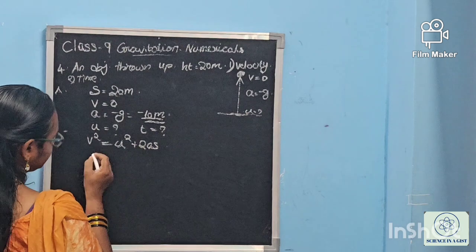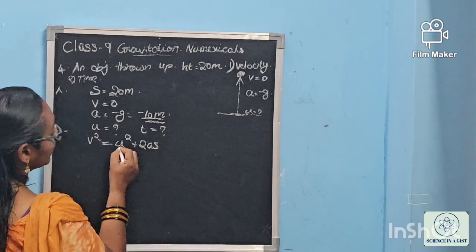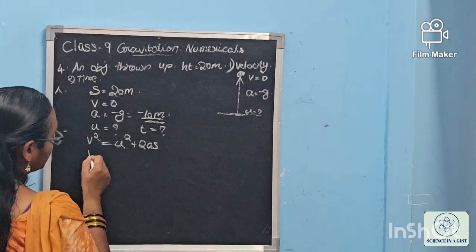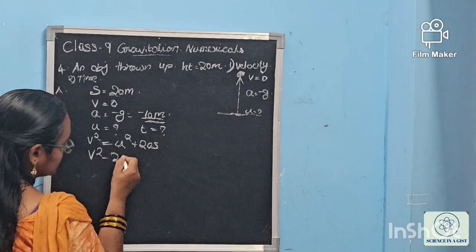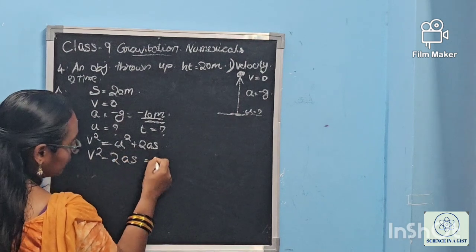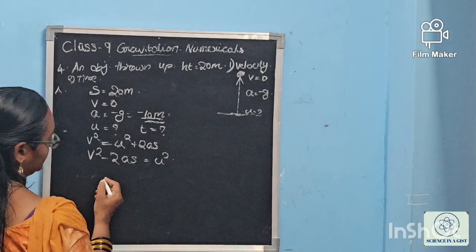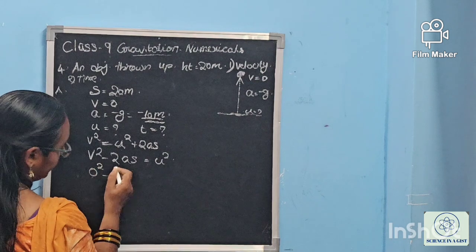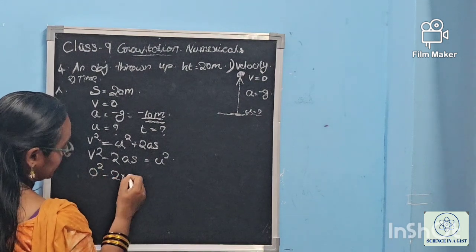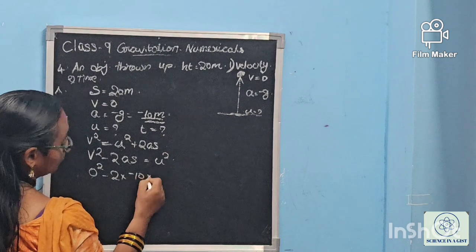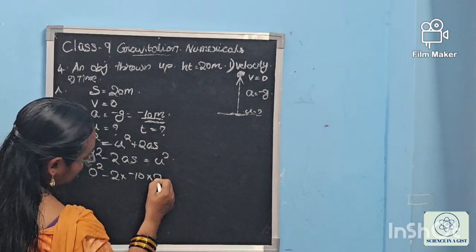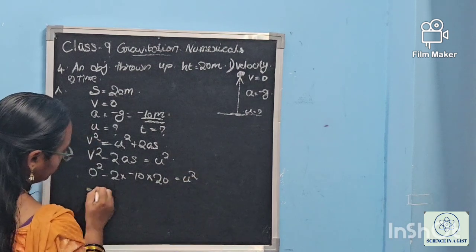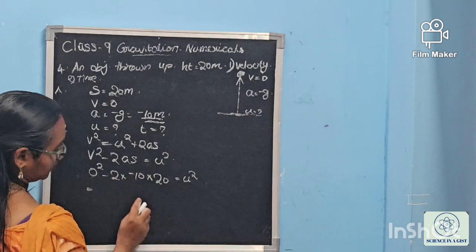Okay? So what will be u square? We are taking this to this side. So v square minus 2as is equal to u square, isn't it? So what is v? v is 0. 0 square minus 2 into what is a? Minus 10 into what is s? 20 is equal to u square. That is what? Minus of minus is positive.